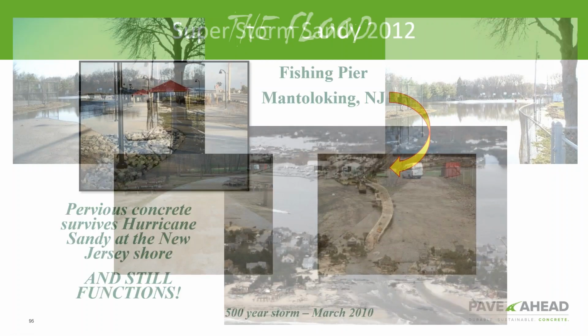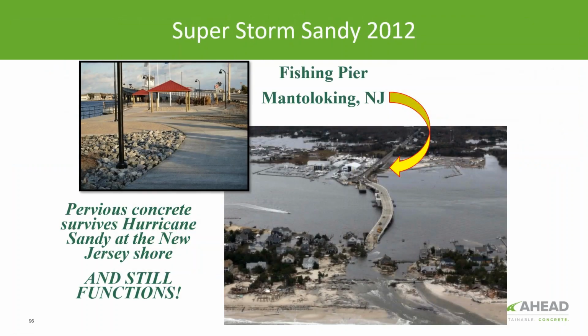The other disaster, if you paid attention to the news back early part of the teens here, we had Superstorm Sandy. Hurricane Sandy hit New Jersey and devastated the Jersey Shore. We had just put in a fishing pier in pervious concrete, which is right there, which was really ground zero of the hurricane.